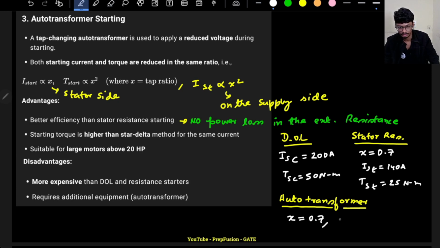What will be the starting current now? Starting current will reduce by x square. I'm talking about the supply side. So in the supply side, it will reduce by x square, so it will become half. So it will be 100 amperes. So will the starting torque. It will also become half, 25.